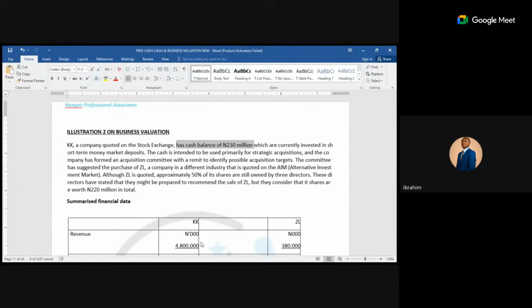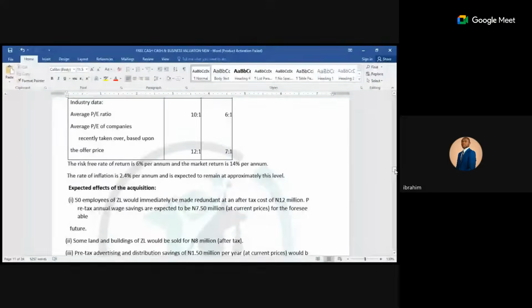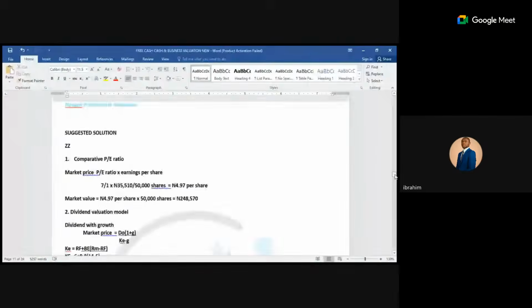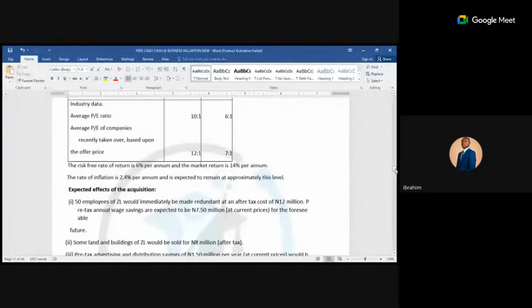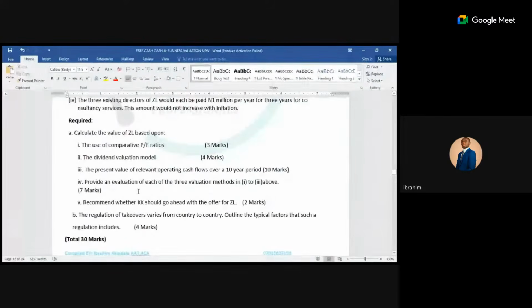The examiner says we should suggest whether KK should acquire ZL. Provide an evaluation of each of the three valuation methods, then recommend whether KK should go ahead with the offer or not.